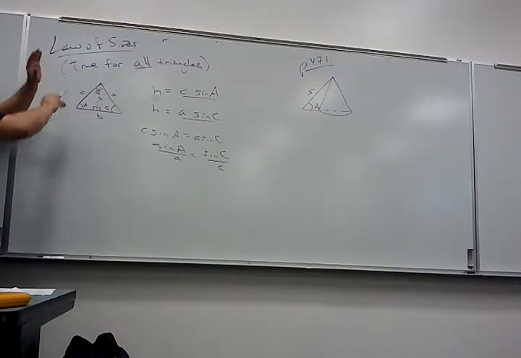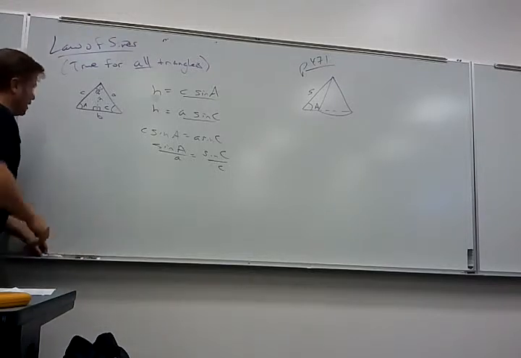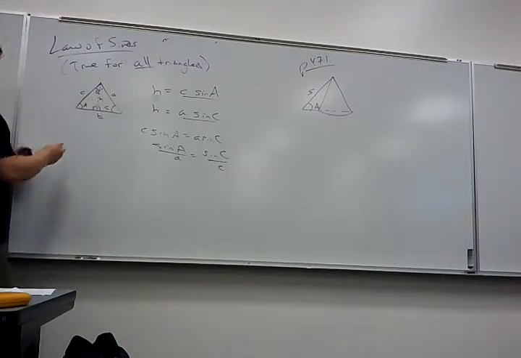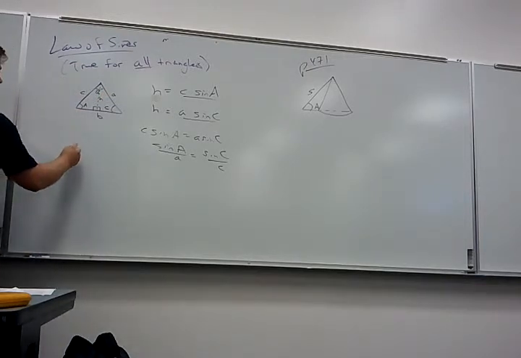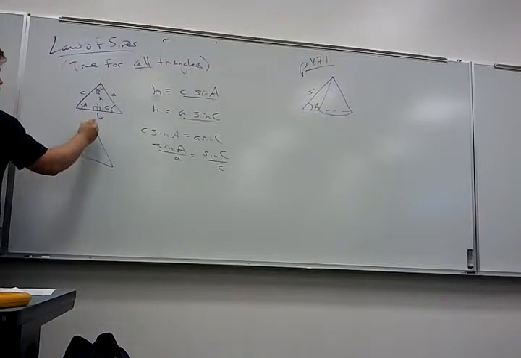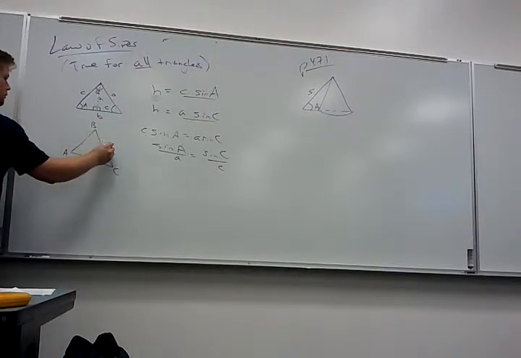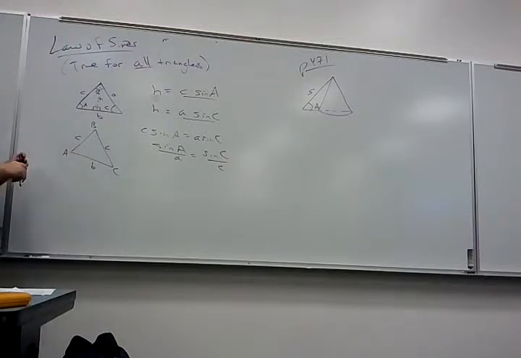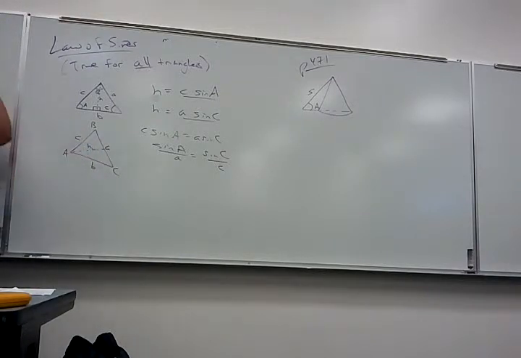Now, let's see what the best way to do this is, because I don't have that many colors to work with. If I drew another H in here, let me draw it again. That might be better. Okay, cool. How are we doing? So if I drew a height this way instead, we'll call this H1.